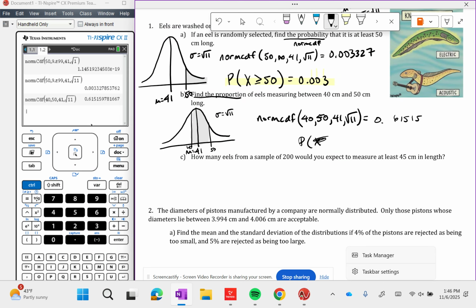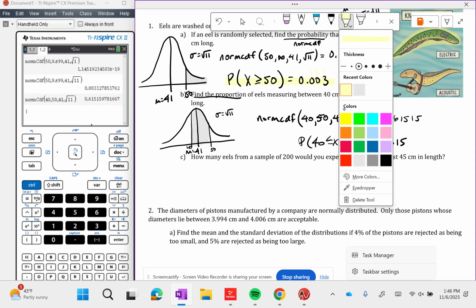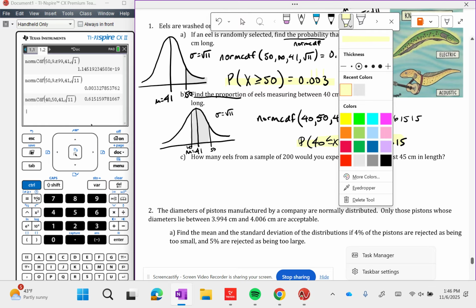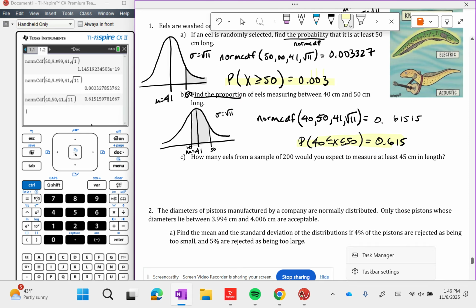I gotta open up the sandwich. The 40 and 50 are the bread. It includes 40 and 50. Oh my god, this thing won't even let me change highlighter colors. Forget it. You get no colors. This thing is cooked.